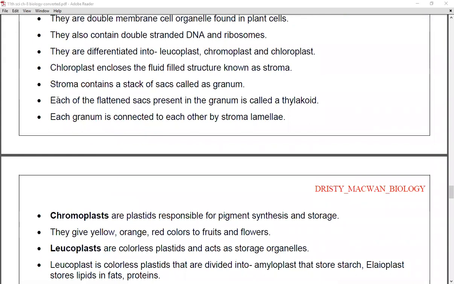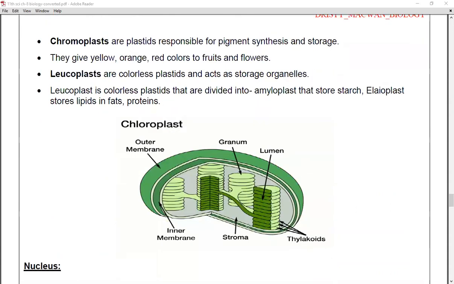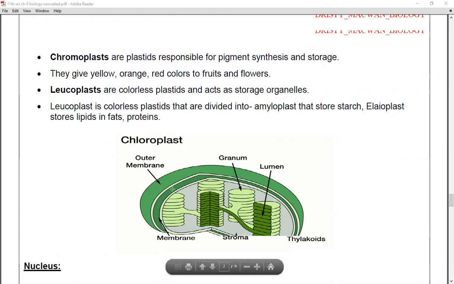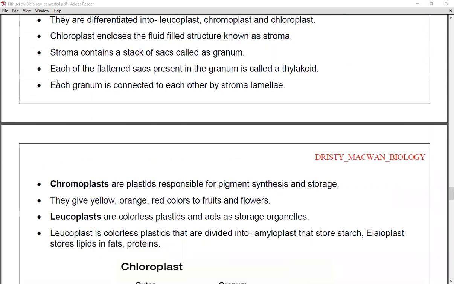Now each of the flattened sacs present in the granum is called thylakoid. So when we are talking about this whole stack, 1, 2, 3, each single sac is known as a thylakoid, right?